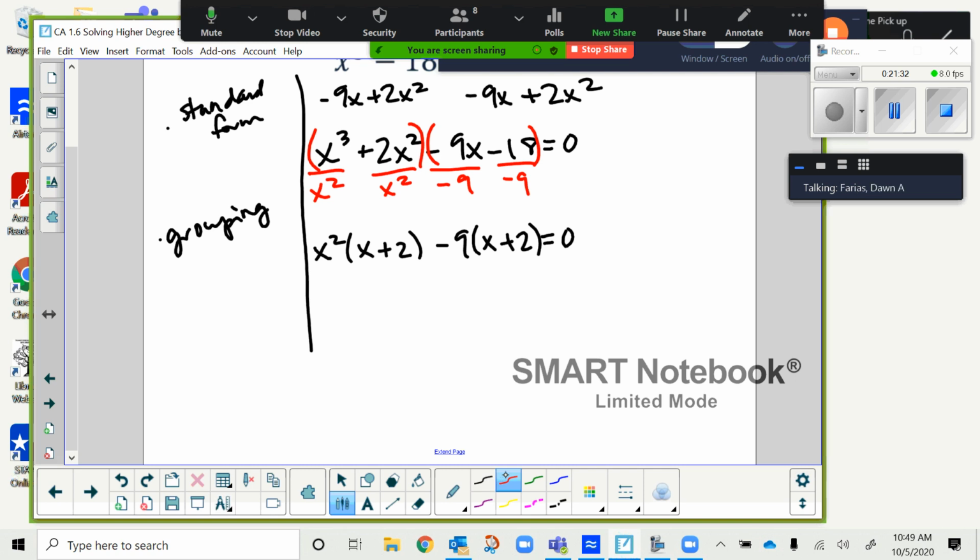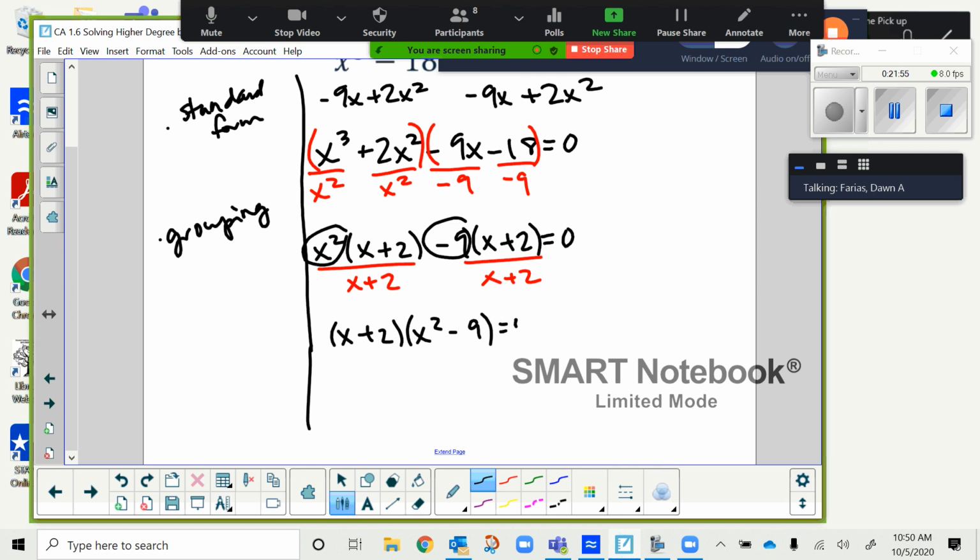So now when you look at the two groups compared to each other, they have a GCF of x plus 2, which I'm going to factor out. And that will give me x plus 2 as a GCF, and then x squared minus 9 left afterwards.